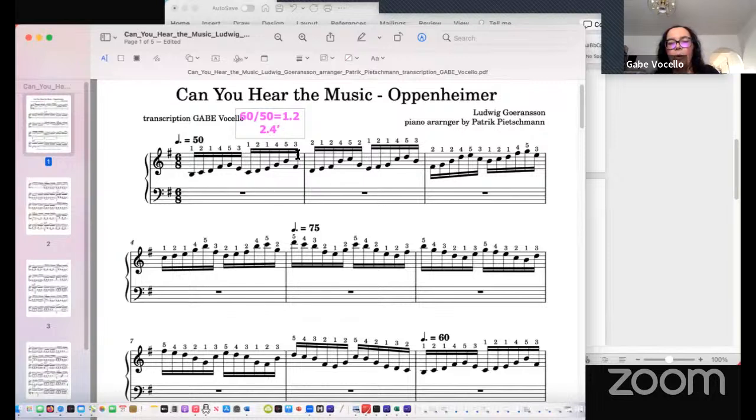So for measures 1, 2, 3, 4, 2.4 multiplied by 4 measures is equal to 9.6 seconds.